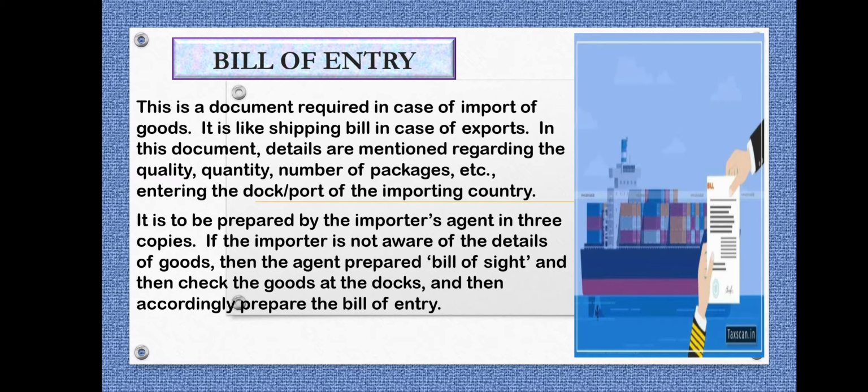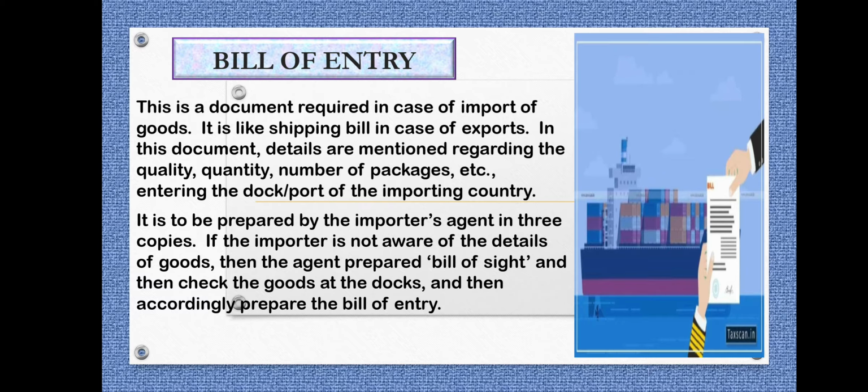Students, please remember, bill of entry is prepared in 3 copies. If the importer is not aware of the details of goods, then the agent prepares a bill of sight and then checks the goods at the docks and then accordingly prepares the bill of entry.